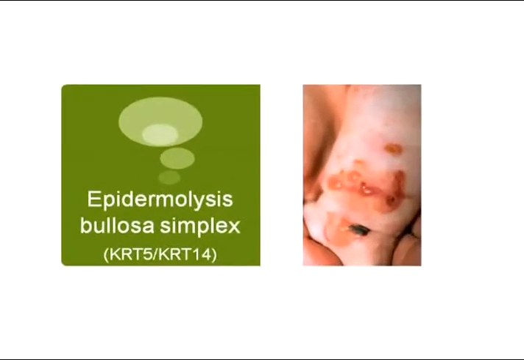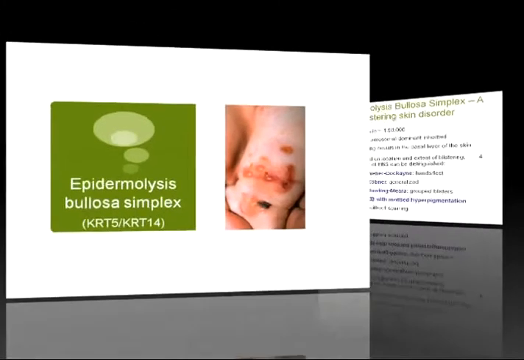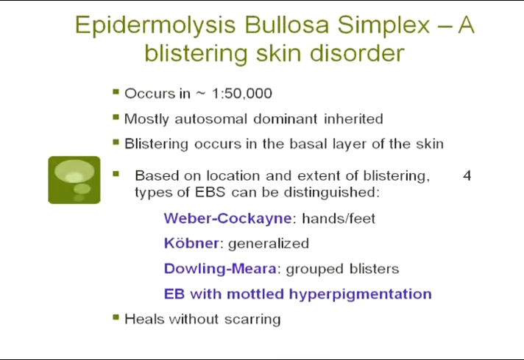One is Epidermolysis Bullosa Simplex, which is a blistering skin disorder that is more common than Pachyonychia Congenita, and the blistering occurs at the bottom cells of the skin. Depending on where you find those blisters and how common they are, there are 4 different clinical types that can be distinguished.